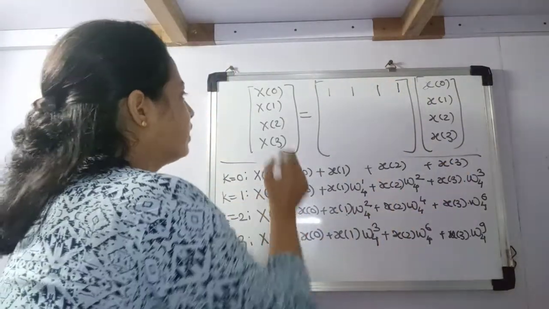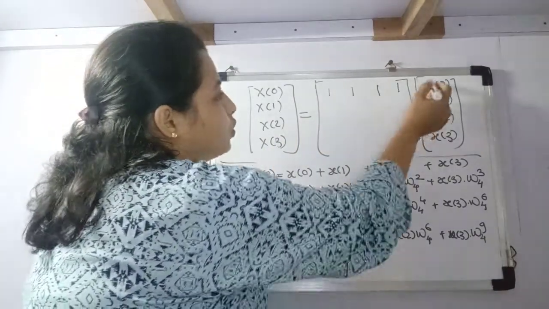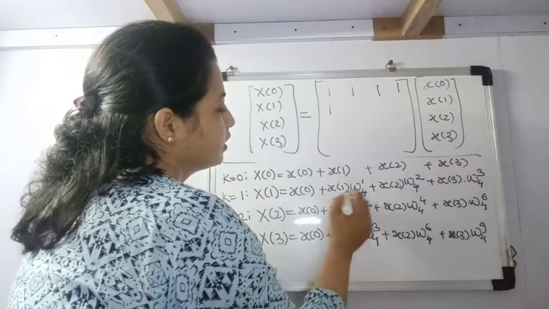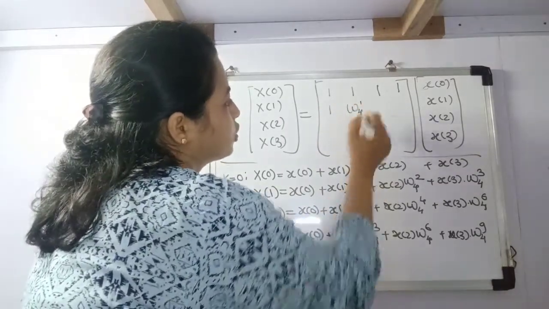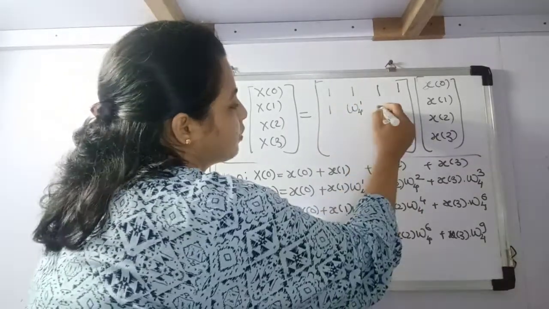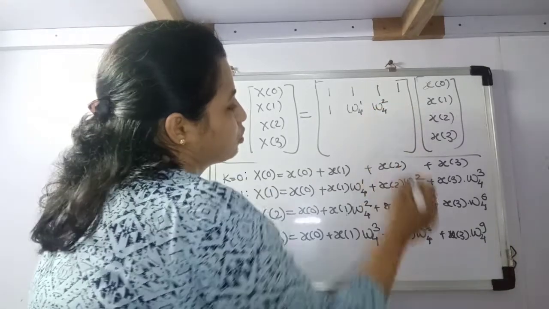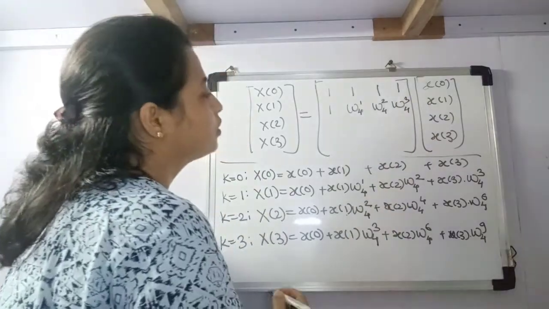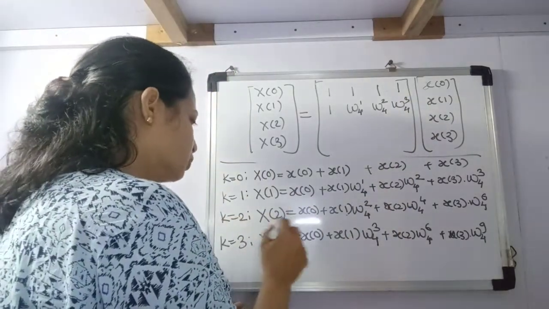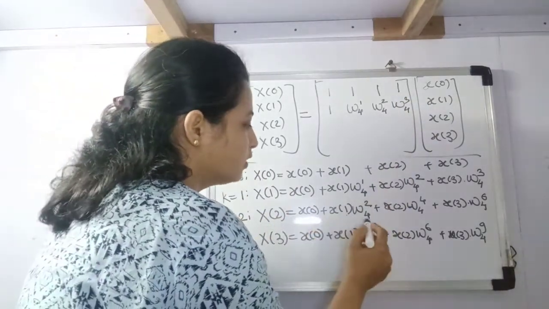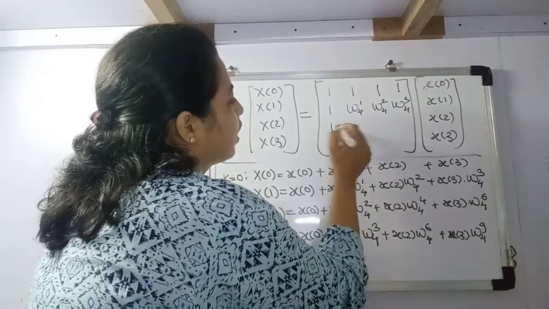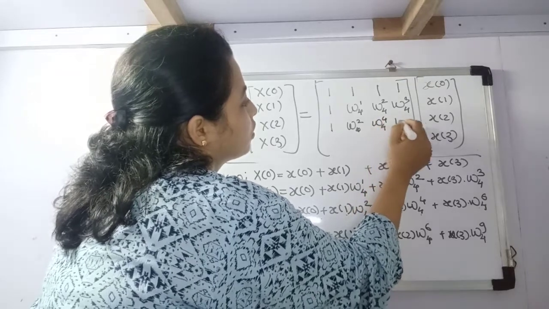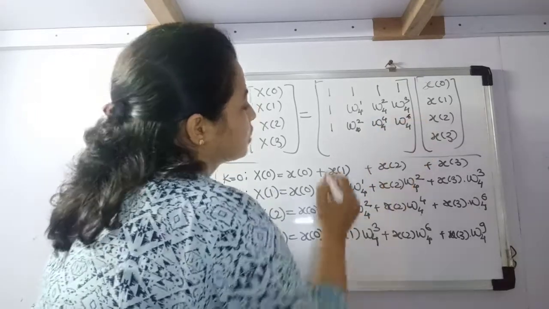Next, for X of 1, the second row multiplied by this column: x of 0 multiplied by 1, then W_4 raised to 1, then raised to 2, then raised to 3. For X of 2, the third row: 1, then raised to 2, raised to 4, raised to 6.